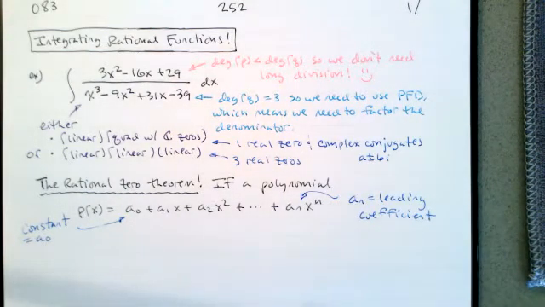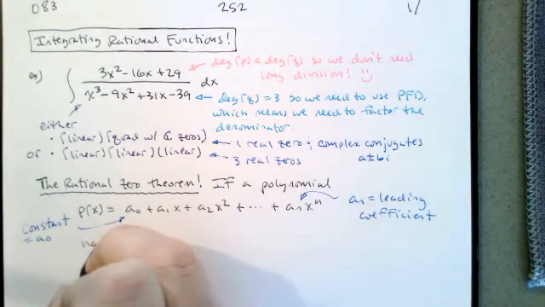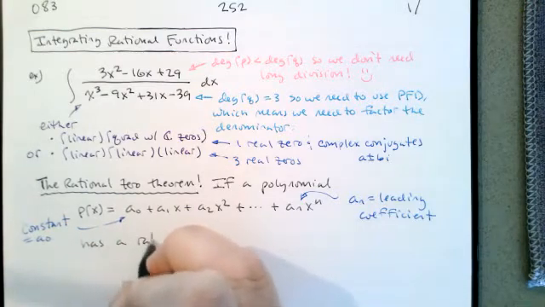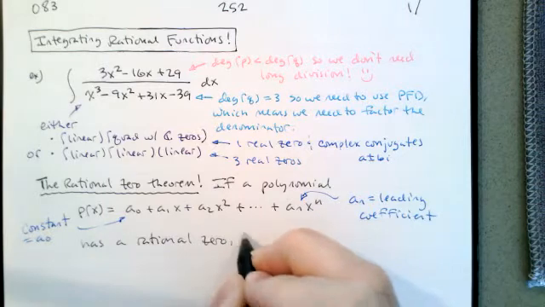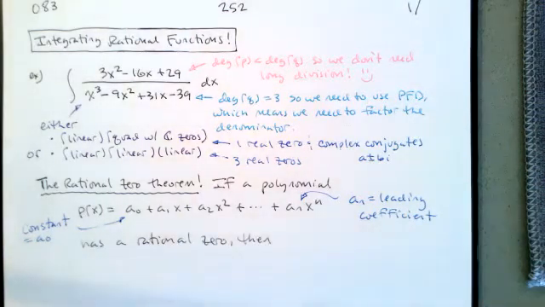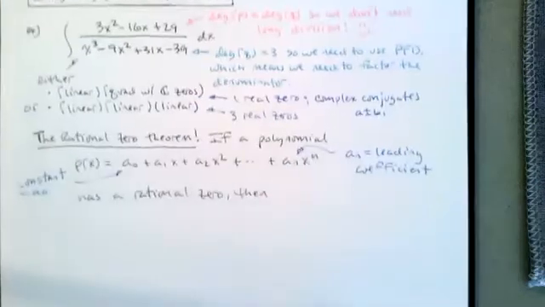So if a polynomial P of x, here's a generic polynomial of nth degree, has a rational zero, then that rational zero will be a factor of the constant over a factor of the leading coefficient.